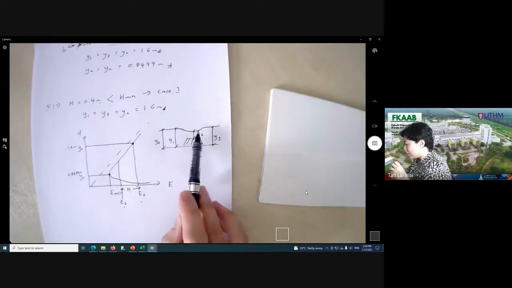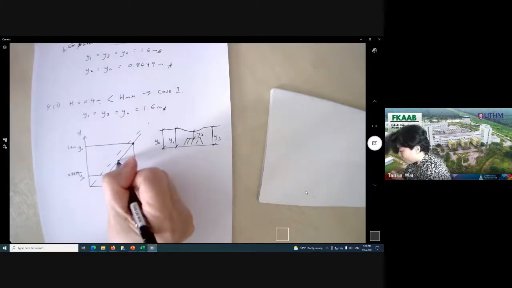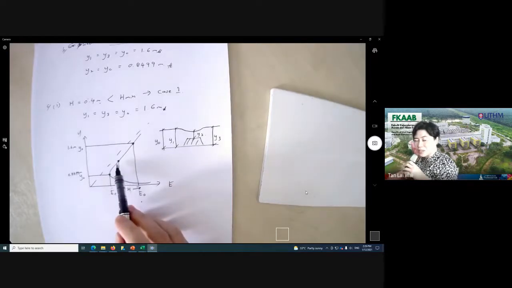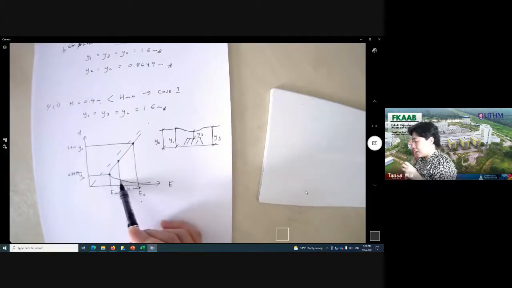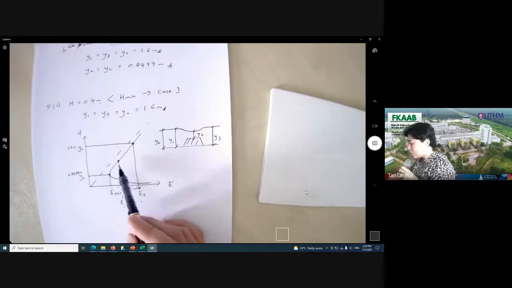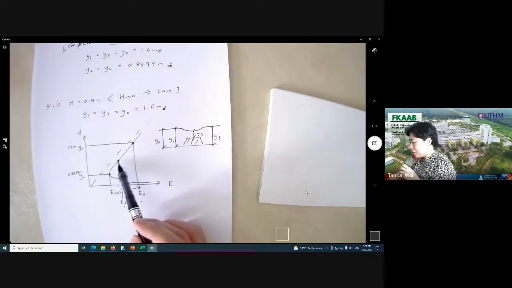The flow is still in subcritical condition. So our y2 should be in subcritical state as well, not this one here. Since later we need to solve our equation using calculator, that means through the concept of trial and error, you'll get two solutions, but the right one is this one, because the initial condition is in subcritical state. So therefore, our y2 is in subcritical state as well.